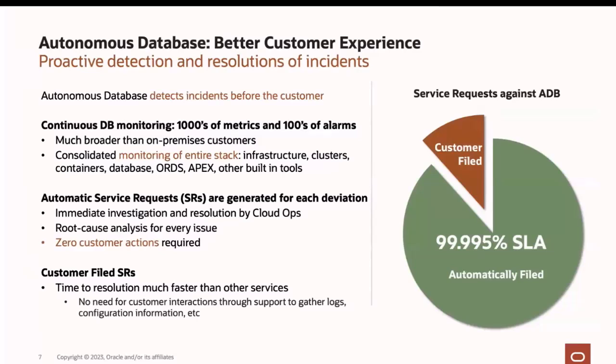And even if you create an SR, which is very typical of customers, we have a faster response to these SRs thanks to all the contextual background information that is being gathered by the service automatically. Okay, so this is also very important. When we combine all of this with Autonomous Data Guard, you might have heard of our DR solution. When you enable Autonomous Data Guard, you can have a 99.995 SLA guarantee, which is amazing and basically translates into close to zero downtime.